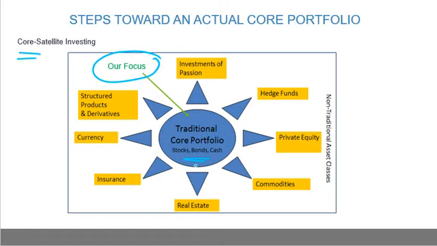When we refer to the satellite, we can look at non-traditional asset classes such as hedge funds, private equity, commodities like gold, real estate, some types of insurances, currencies, and perhaps some structured products and derivatives. And finally, investments of passion could be cars, stamps, musical instruments, jewelry, etc. But the focus for this presentation is the traditional core portfolio, which is stocks, bonds, and cash.